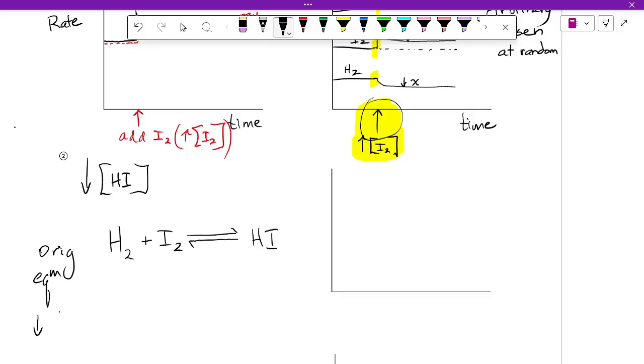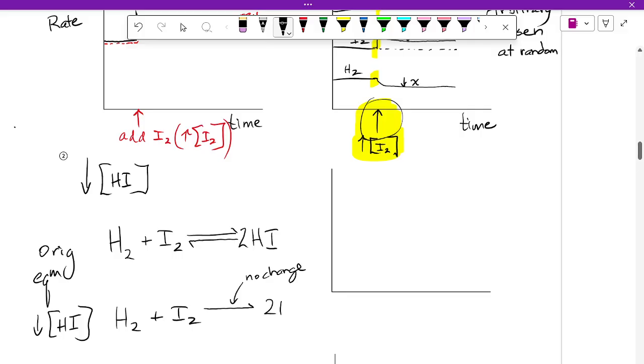If we decrease the concentration of HI, what happens to our forward rate? No change to forward rate. What happens to our reverse rate?